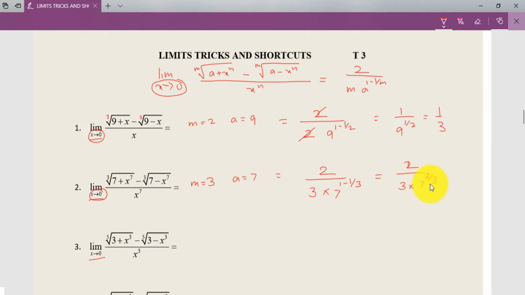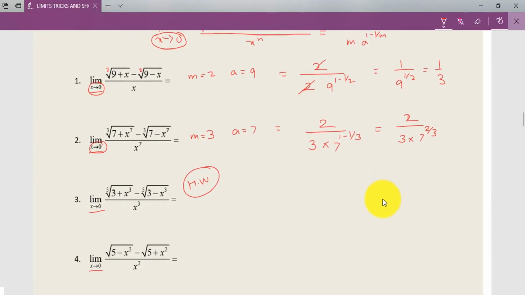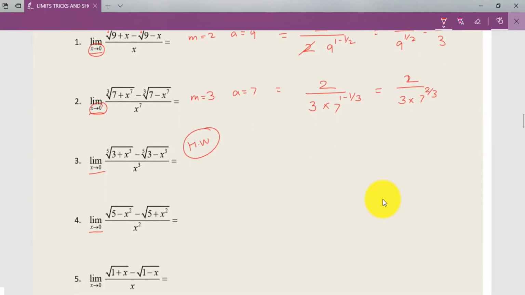So this will be your solution. Now this problem I am going to give to you for your homework, okay? And let me come back to this problem.